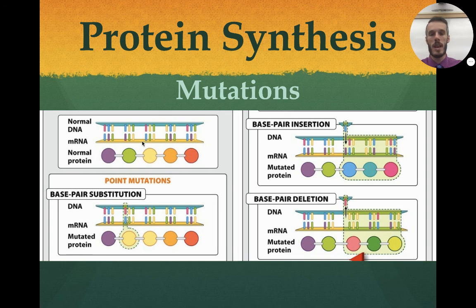So, a mutation can be something as simple as just substituting a different nucleotide here, which could mean that the amino acid is changed. Okay, in this case it is. But a nucleotide could be removed or added, which instead of just affecting one amino acid, will affect every amino acid after that addition or subtraction of a nucleotide.